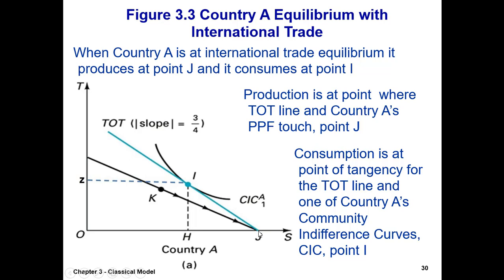If there was international trade, they would completely specialize in that product and produce this amount, and then they would use this line to represent what combinations they would consume as a result of exporting some soybeans and importing some textiles.